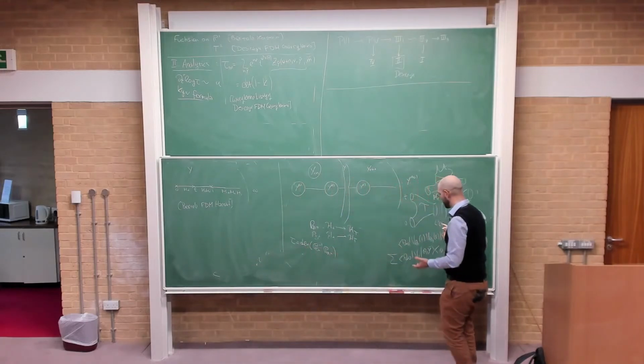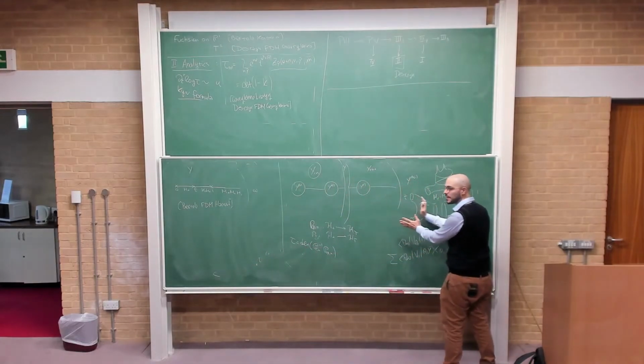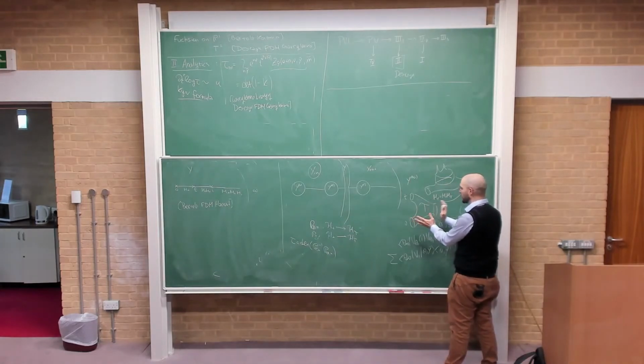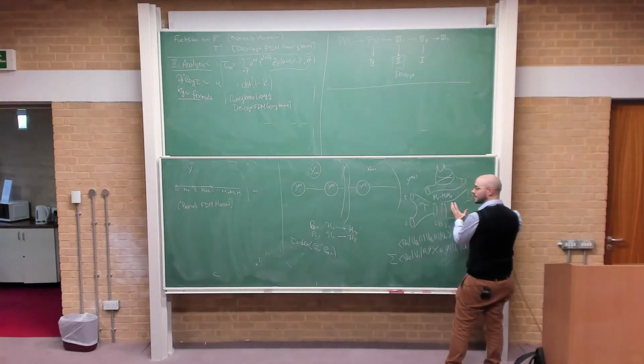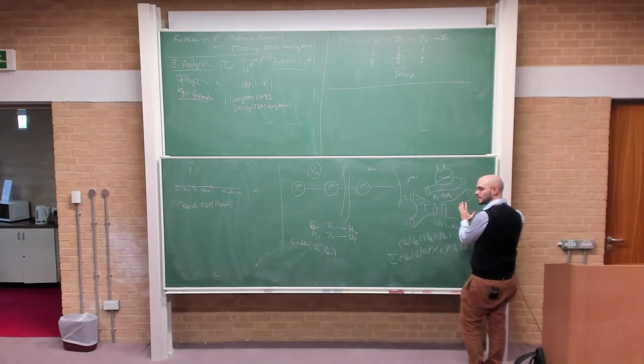But essentially, the point is that what is here contains the time evolution, and what is here is your point in the Grassmannian.